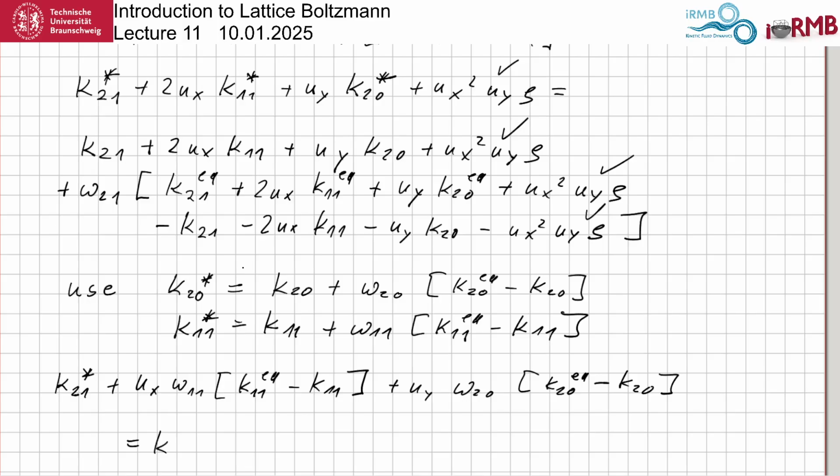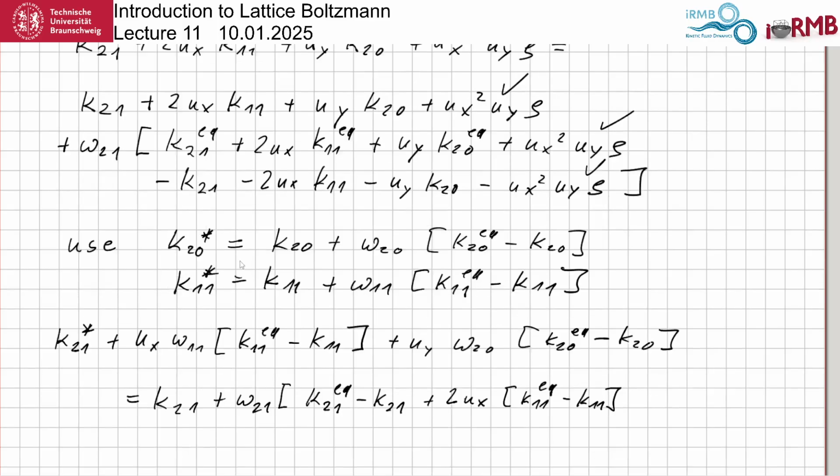The right-hand side is K21 plus omega 21 times K21 equilibrium minus K21, plus 2 times ux times K11 equilibrium minus K11, which we see above there too, plus uy times K20 equilibrium minus K20.